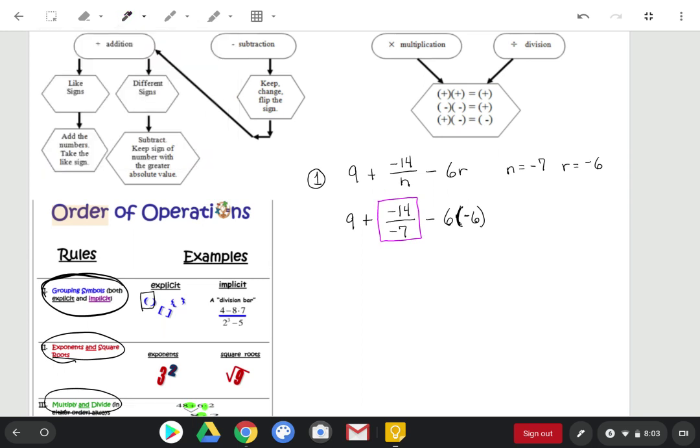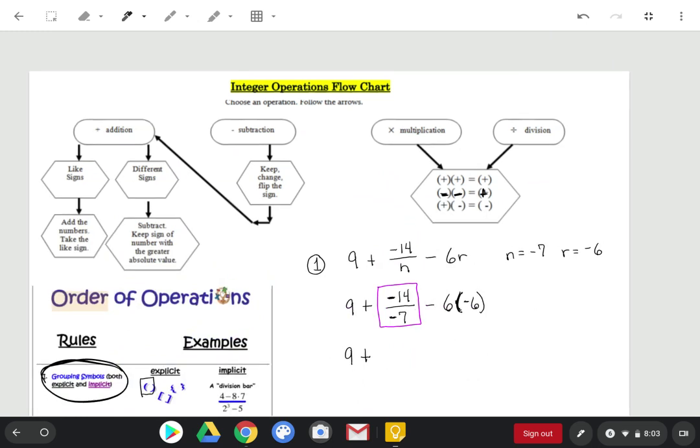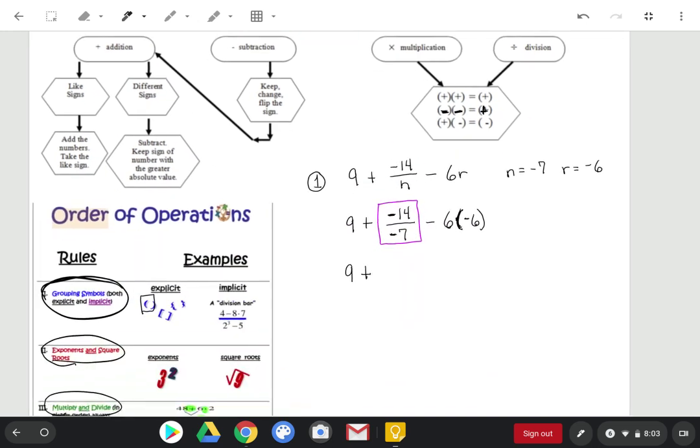So we have 9 plus, and I've got to figure out what negative 14 divided by negative 7 is. Remember, a negative divided by a negative gives us a positive. So negative 14 divided by negative 7 is a positive 2. And notice everything else I am just bringing down and rewriting until I can get to work with it.